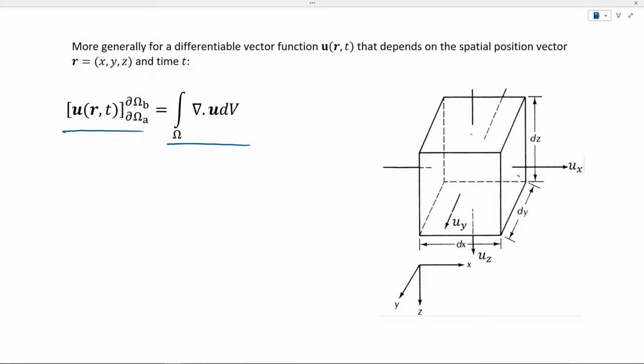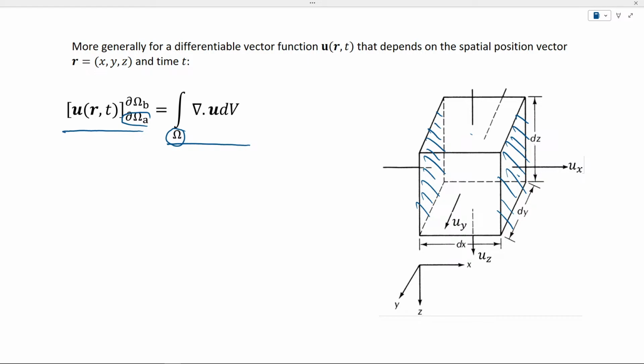Partial omega A and partial omega B are telling you what's happening over this area to this area. And this guy here, your omega, is basically your total volume. So if you are wondering what this is, and why this is partial?